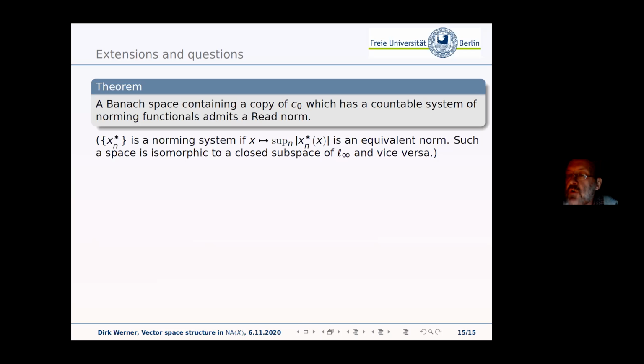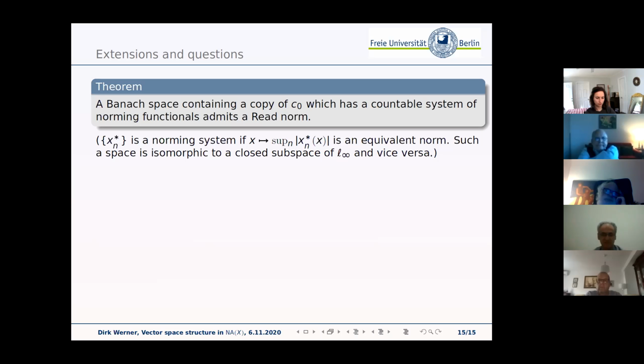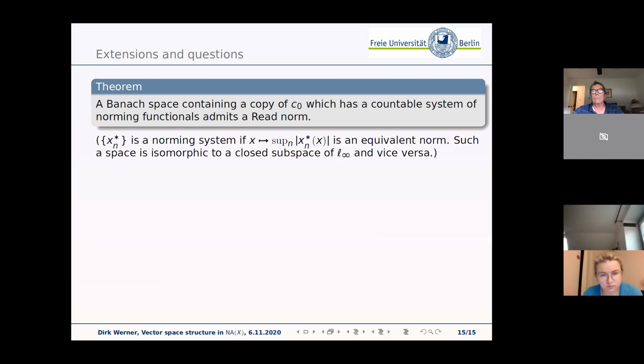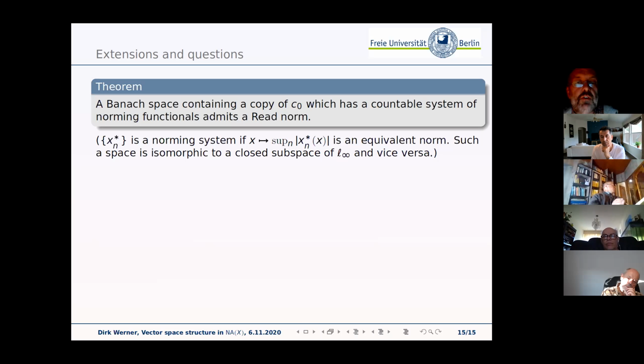And let me comment that this theorem covers certain non-separable spaces, but there's a limit to that. Very, very non-separable spaces can be proved to not admit Reed norms.